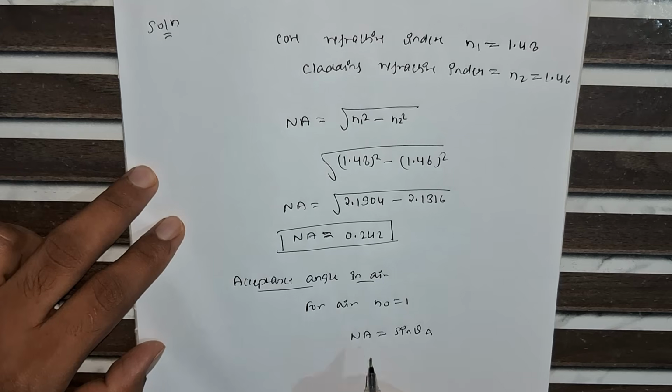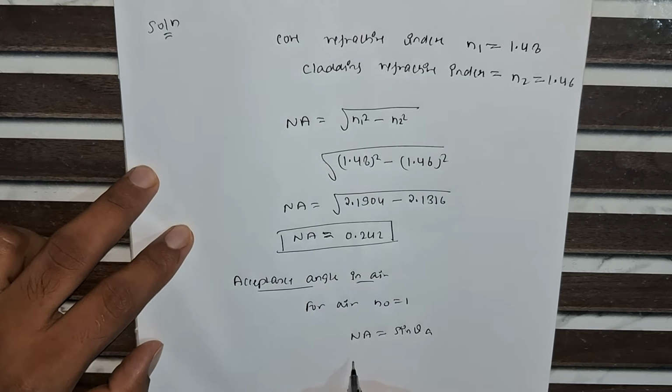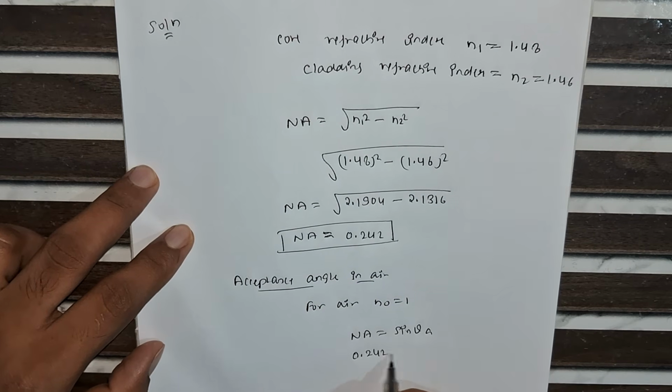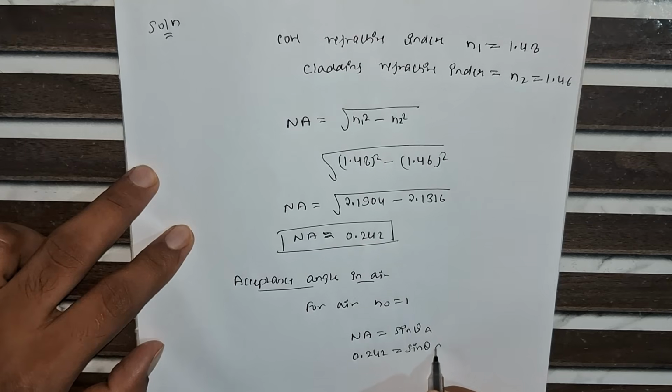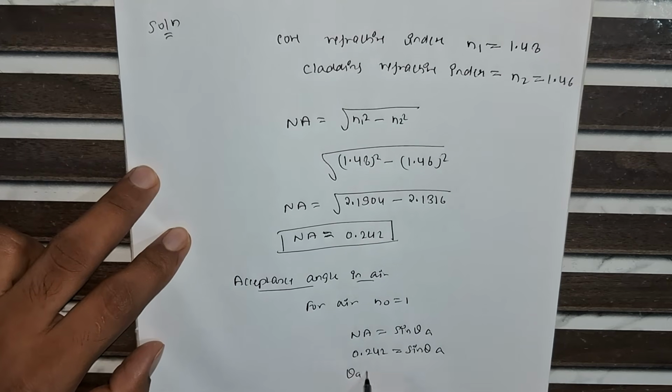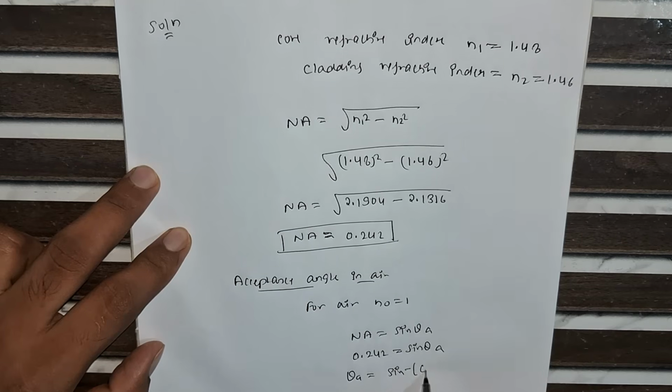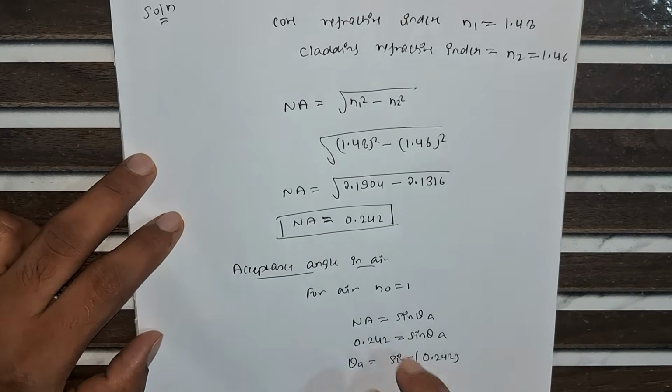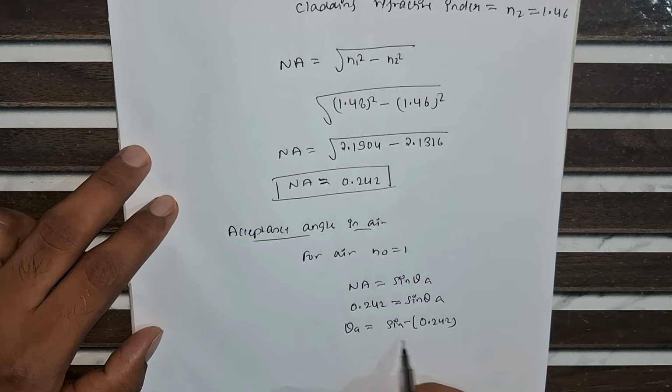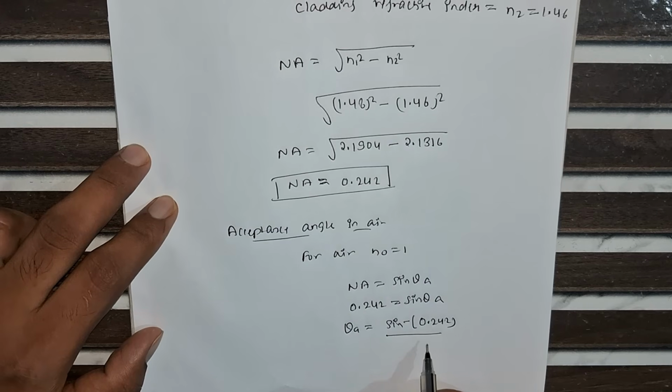NA we already know, which is 0.242. So 0.242 equals sin theta a. So now theta a equals sin inverse of 0.242. Now we will calculate this with the help of a scientific calculator.